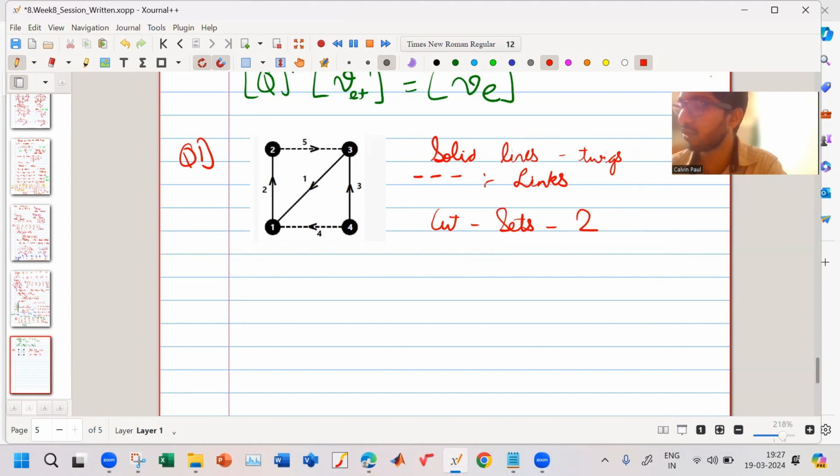So cut set 2 and cut set 3, sir. Cut set 1 won't be there. There are only two possible, cut set 2 and cut set 3.